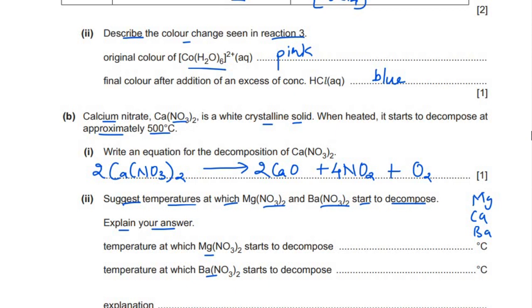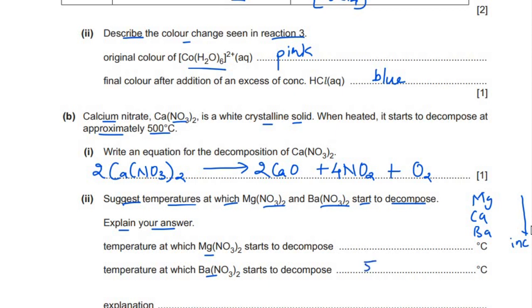And if we talk about the trend of decomposition, then we should know that the decomposition temperature increases down the group, so barium nitrate decomposes at a higher temperature. So if calcium nitrate decomposes at 500 degrees Celsius, barium nitrate is going to decompose at higher than 500 degrees Celsius, and so you can write any temperature crossing 550.